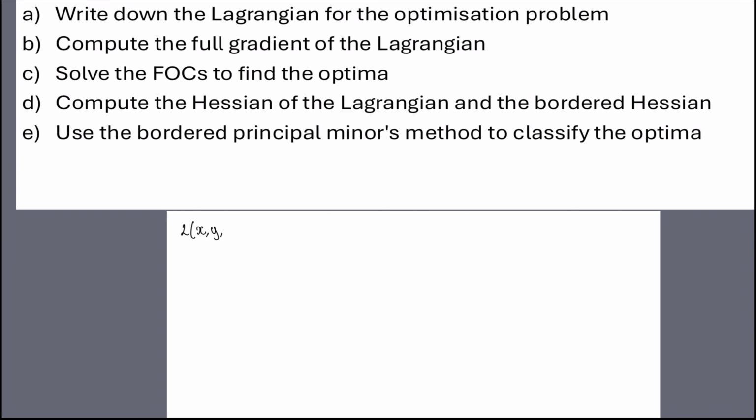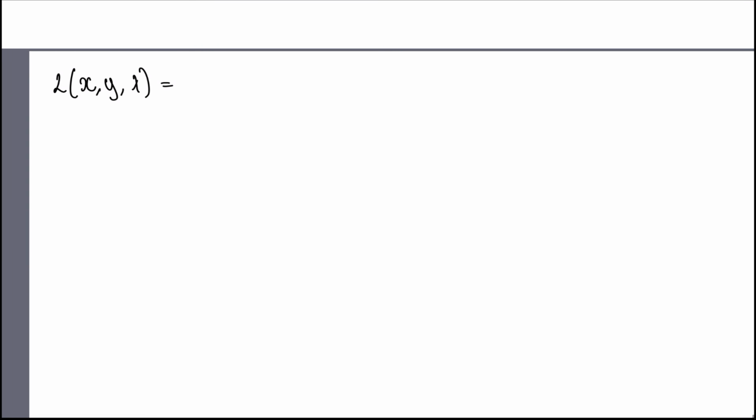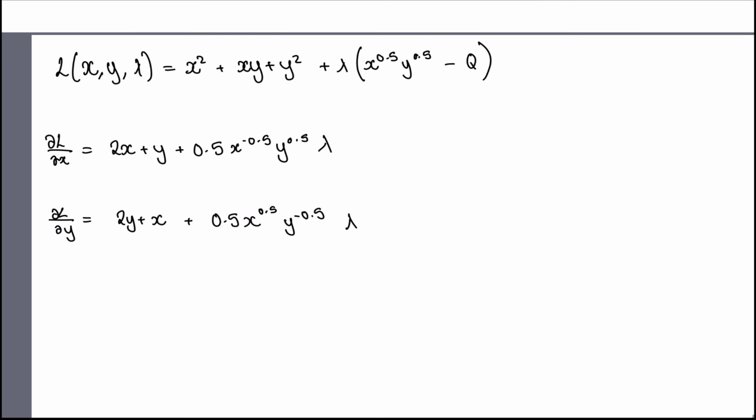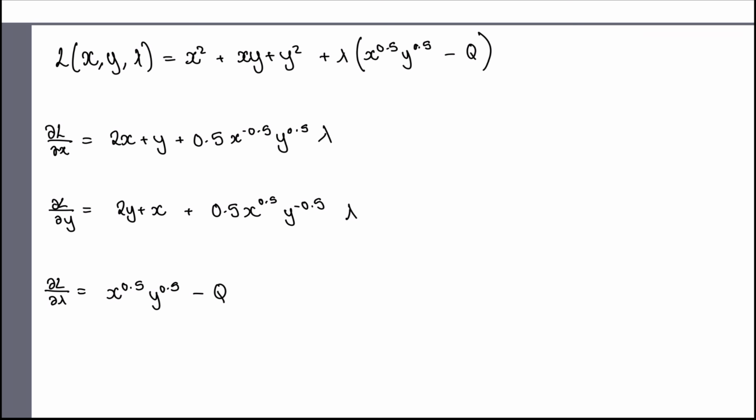Okay, cool. If you write down the Lagrangian, we have x squared plus xy plus y squared plus lambda times x to the power of 0.5, y to the power of 0.5 minus q. If we now work out the first order conditions, we get this, and this is with respect to lambda.